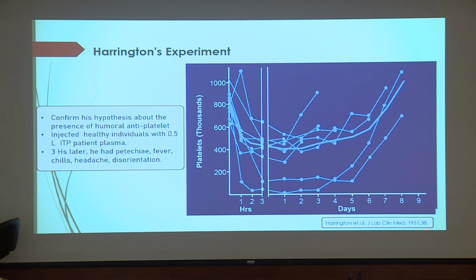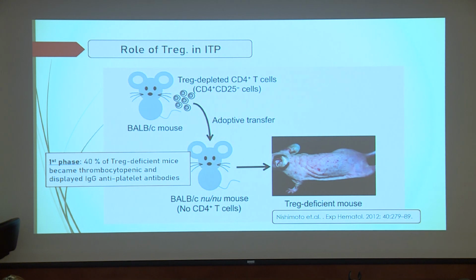In 1980, many studies proved that those antibodies are mainly IgG or IgM to a lesser extent, and those IgG and IgM are directed mainly toward glycoprotein 2b3a and glycoprotein 1b. The role of Treg cells, T regulatory cells, and Treg actually is a subspecialized T cell.